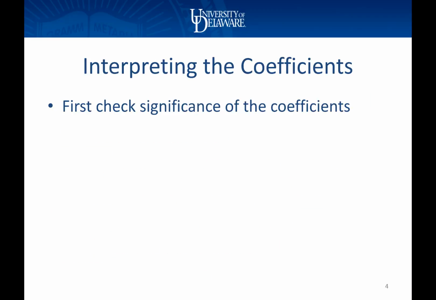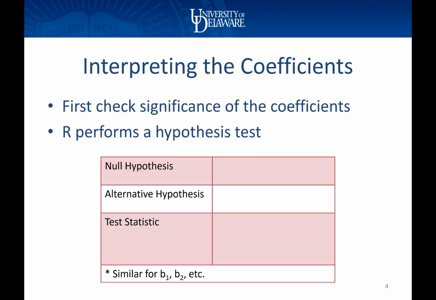But before we can start interpreting the coefficients, we need to do a significance test on each one. This process is going to be almost exactly the same as what we do for linear regression. R will perform a hypothesis test on each one. So first, let's refresh on what that hypothesis test is. There will be a null hypothesis and an alternative hypothesis, and those will look exactly like they do in a linear regression.